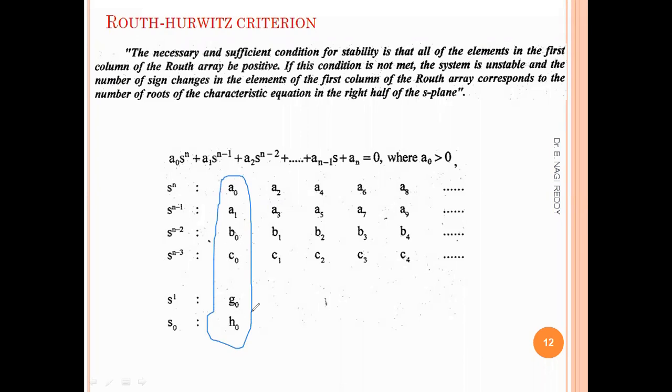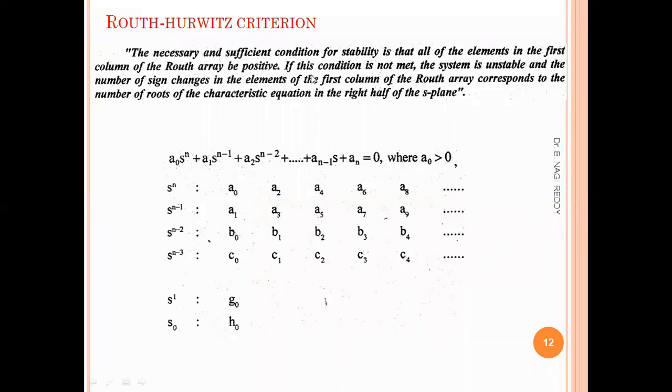All these different coefficients must be positive. That means A0 has to be positive, A1 positive, B0 positive, C0 positive, and so on. All these coefficients must have a positive sign. Then only will the system be stable.